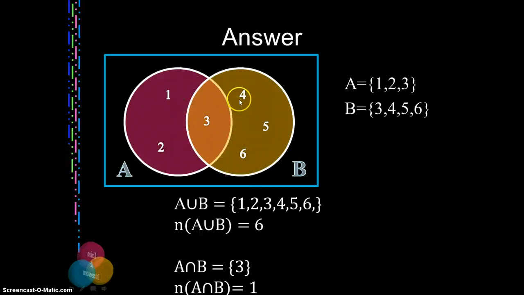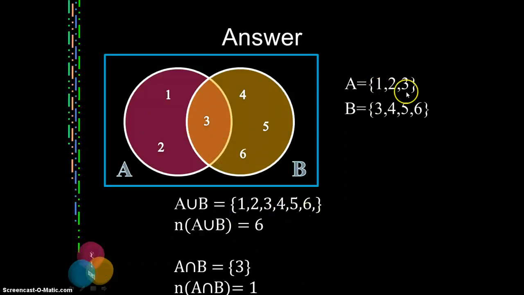So answering question number 1, the union of A and B means all the elements found in A and in B, so all of their elements. So we have 1, 2, 3, 4, 5, and 6.